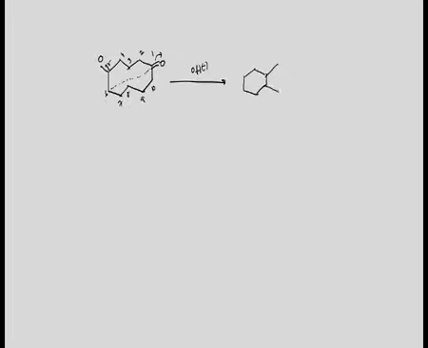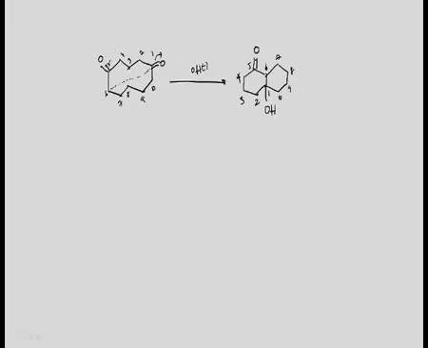So, two 6-member rings will form. And this is the orange. So, 1 2 3 4 5 6 7 8 9 10.